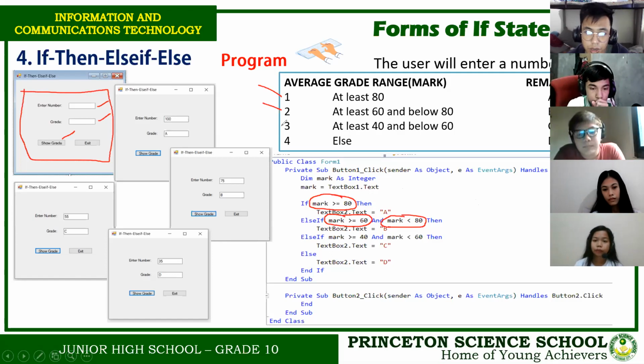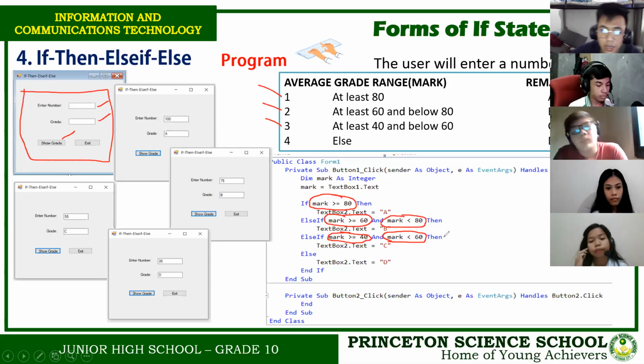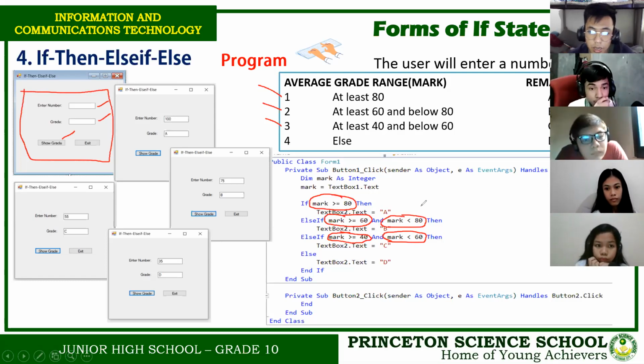For the third condition, at least 40, it should be greater than or equal to 40 and below 60, so between 60 and 40. All of the remarks are going to be either A, B, C, or D.